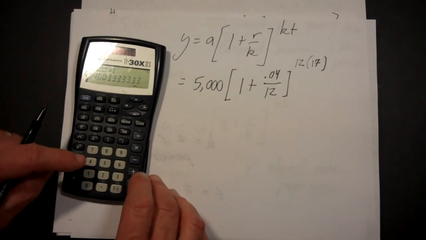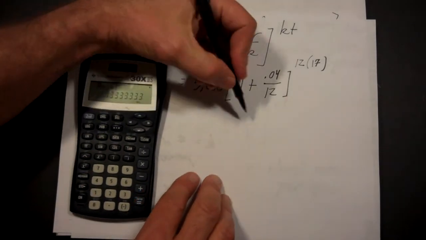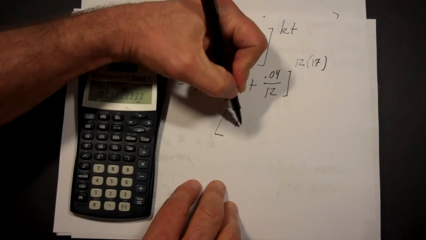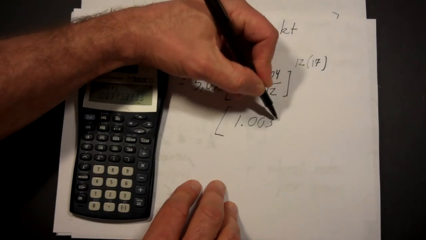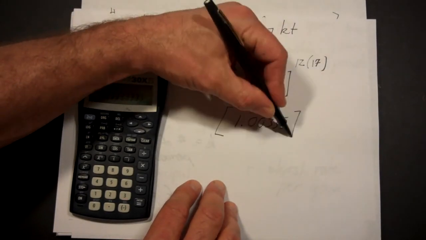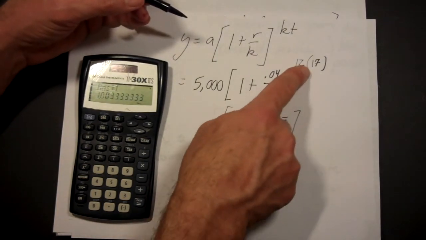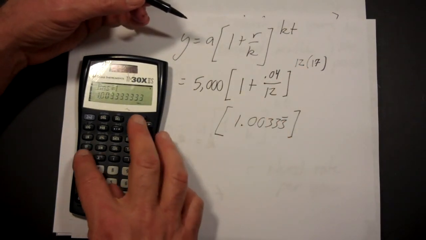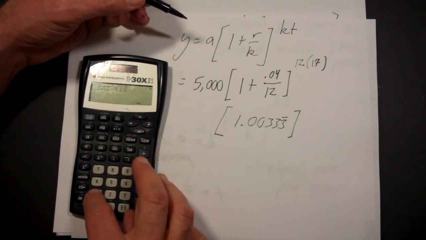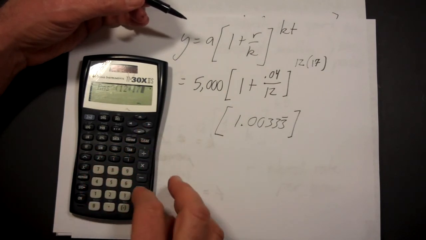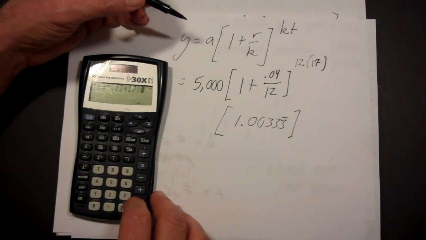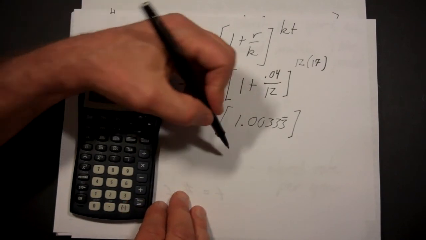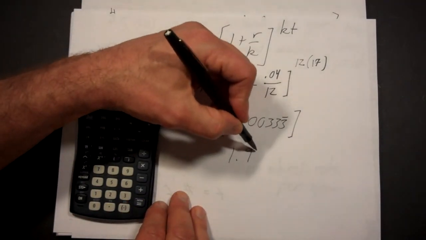Plus 1. Now, I'm going to write this down, but it's actually better just to keep it in your calculator. That's 1.00333 repeating. Then you're going to take 12 times 17 and raise the parentheses to that power. And I get about 1.97.